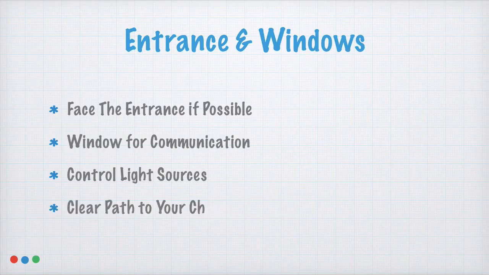Another important thing is to make sure that there's a clear path to your chair or where you sit. I struggle a lot with this in my small studio because there's only that much space, and as you keep adding lights and other equipment, all these things really take up a lot of space, and you may have to jump over some of your equipment when the space is small.